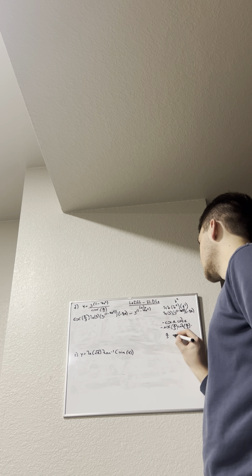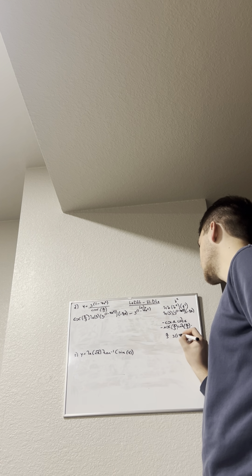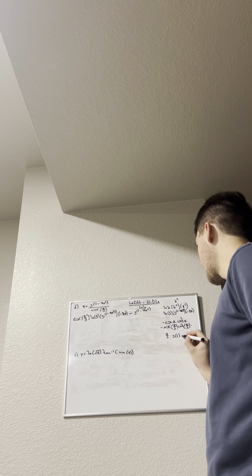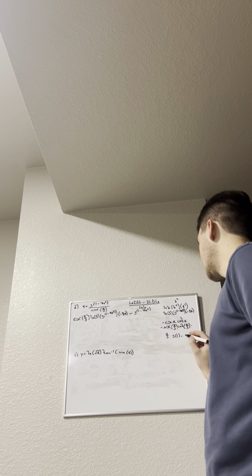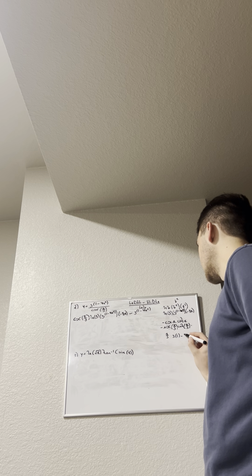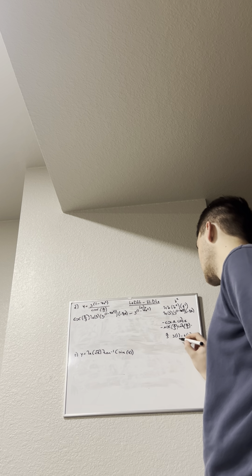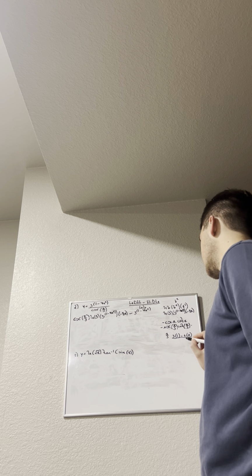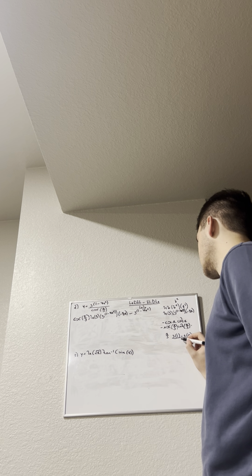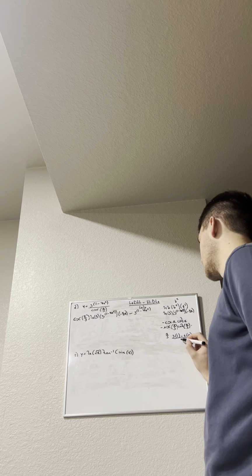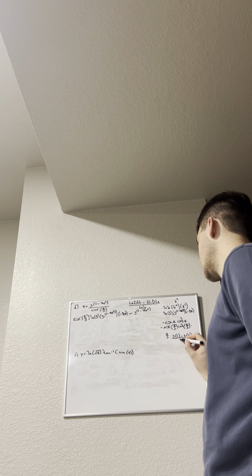So we do 3 times 1 minus x times the derivative of low, which would be 0 in this case, over low, which would be 3 squared.